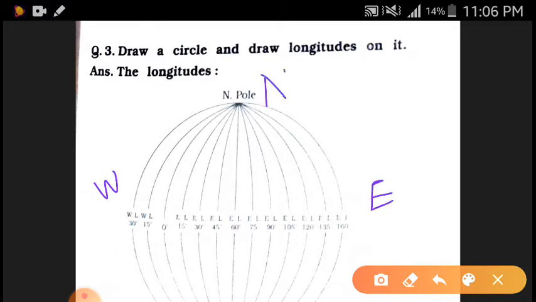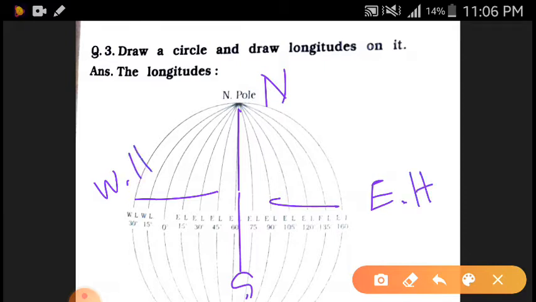We all know about north and south, but due to the line in the center, that is the 0 degree longitude, it makes two parts, eastern hemisphere and western hemisphere.